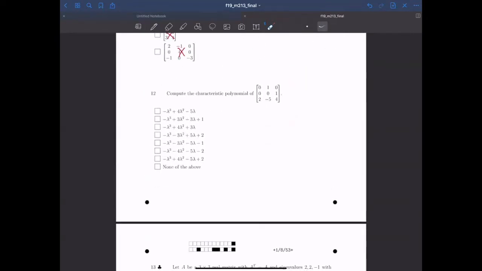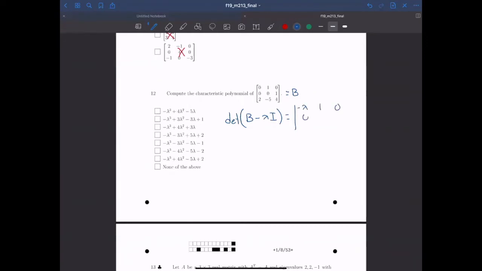Let's compute the characteristic polynomial of this matrix here. This is a straightforward computation. Remember, if we call this matrix B, the characteristic polynomial is just the determinant of B minus lambda times I. So we're just looking at this determinant here.